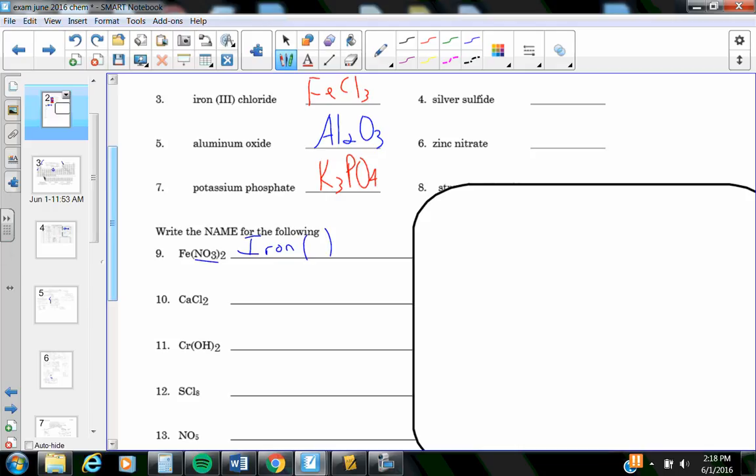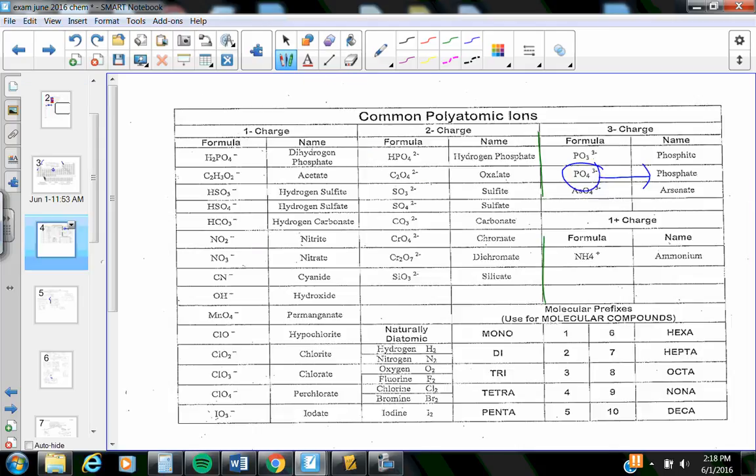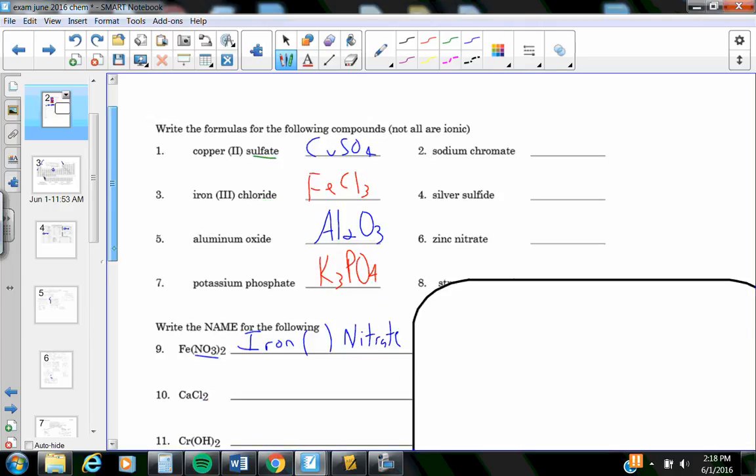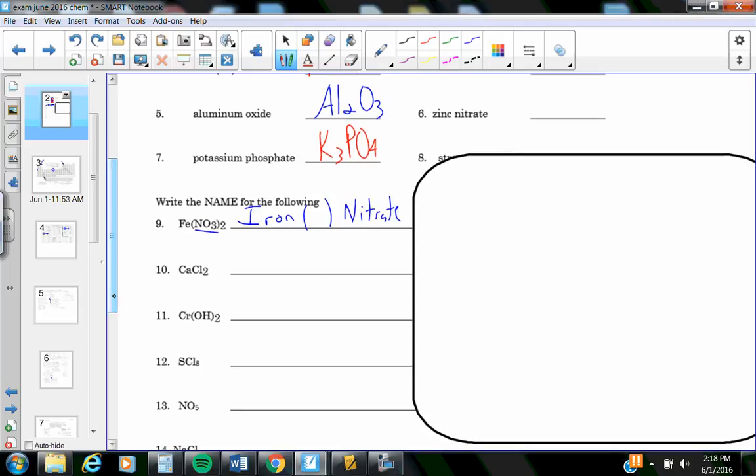Its last name is NO3. That's a polyatomic. We'll find it over there. NO3, that's nitrate. So its last name is nitrate. What we need to do is backtrack a little to determine the charge of this iron, so I know what to put in the parentheses. I'm going to do a little reverse here.